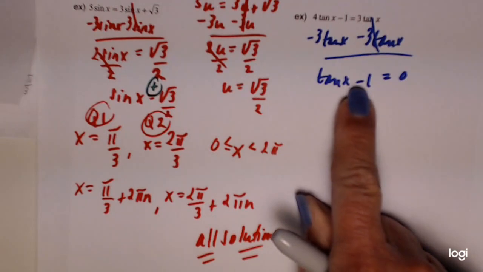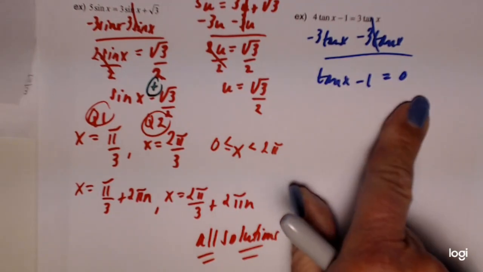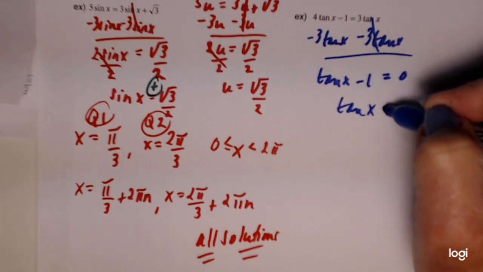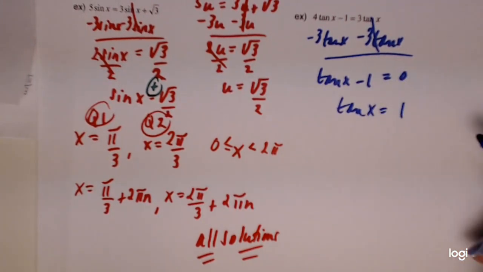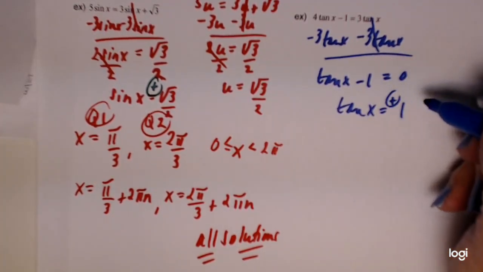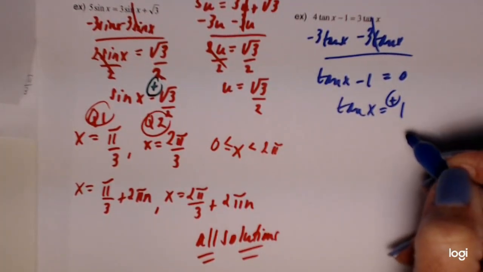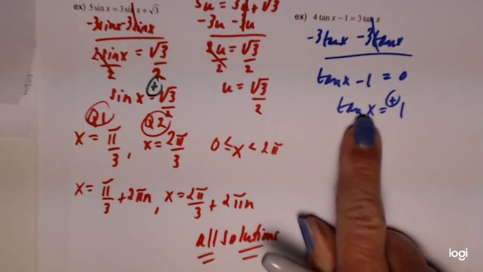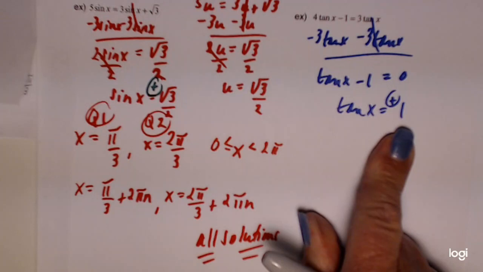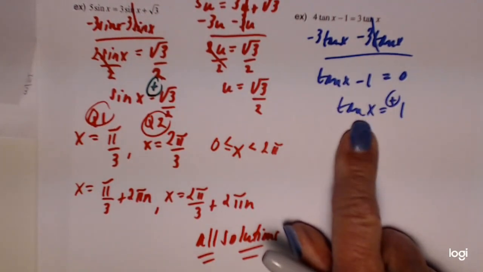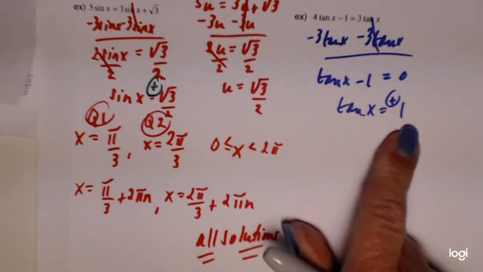So now I want to move this negative 1 over, add 1 to both sides to get the tangent of x is equal to 1. Again, we have to pay attention to the sign. This is sign being positive or negative, not the other kind of trig sine. So we're considering now the tangent of x is equal to 1.